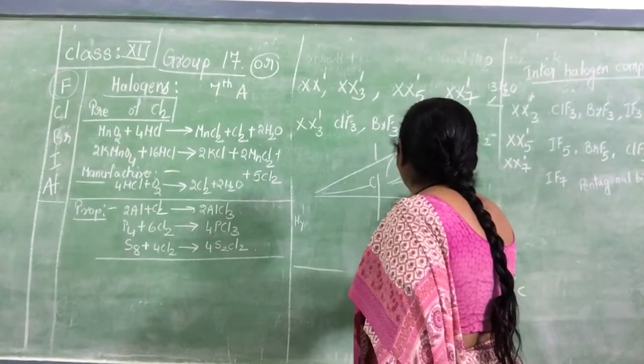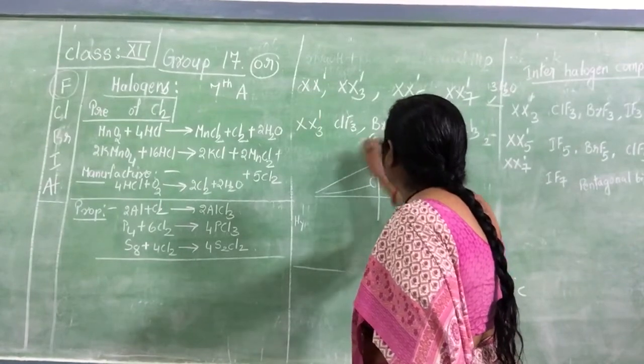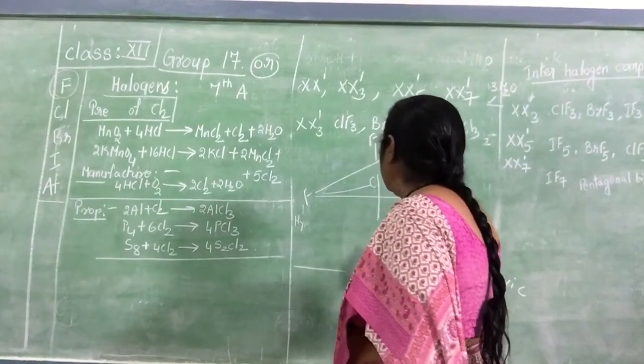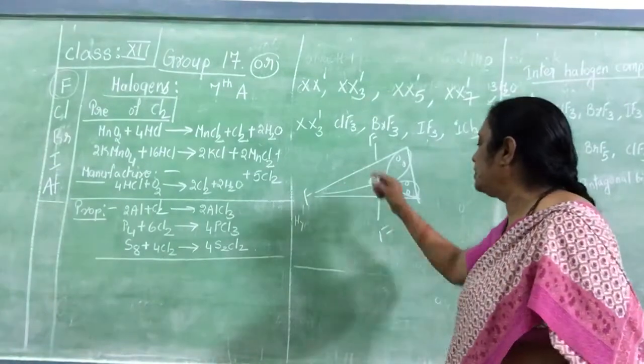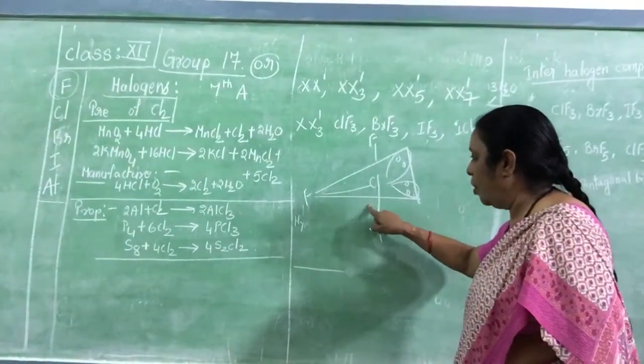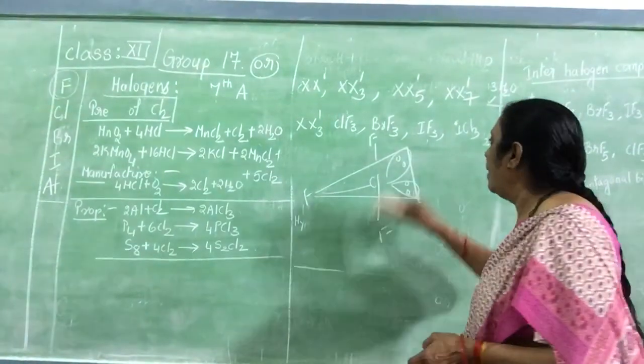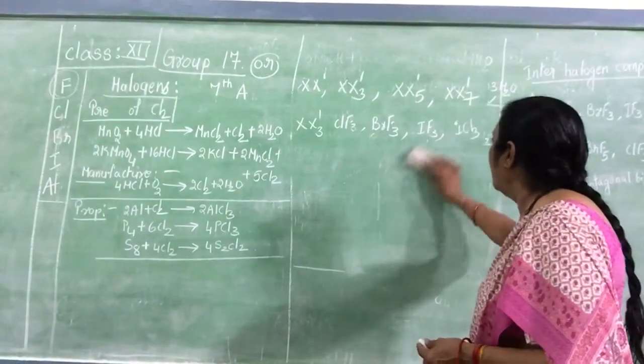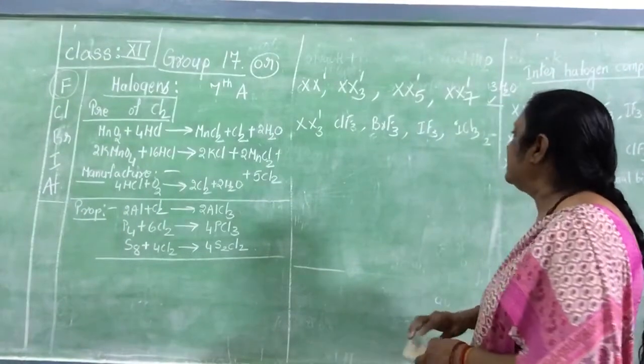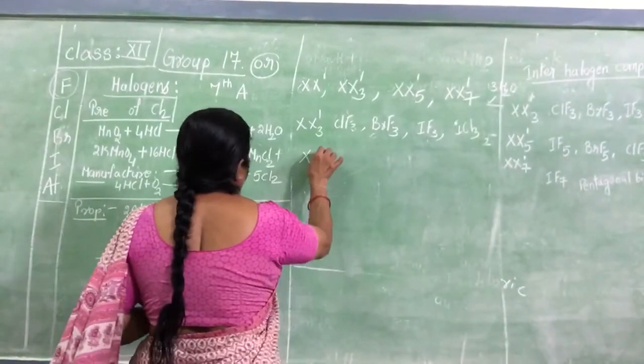When you consider only bond pairs, it is T-shape, and when you consider bond pairs and lone pairs, it is trigonal bipyramidal.